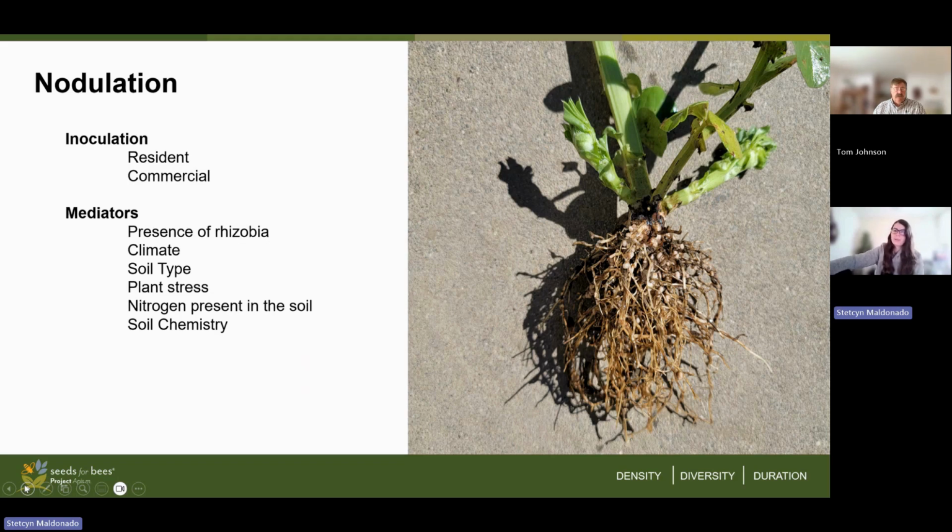If you wanted a more surefire colonization, you can get a commercial product. This will either already be placed on the seed by your seed supplier, or it is something you can purchase. If you are purchasing it yourself, remember that there are different rhizobia for different legumes, so you want to make sure you're getting the correct product for your intended plant.